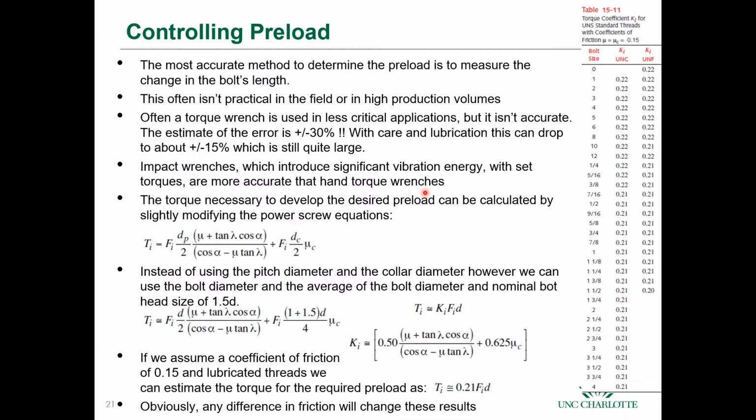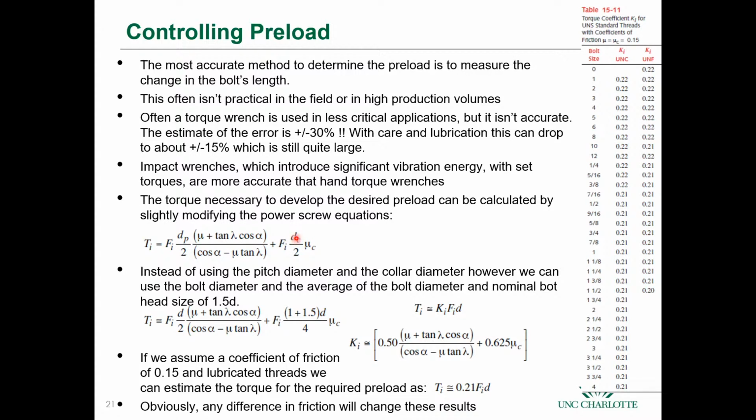Okay, now we can use the equations that we developed for power screws, as you see here. And if we want this desired preload Fi on the bolt, we can use it. This is where we had the pitch diameter from the power screw, and we have the collar diameter.